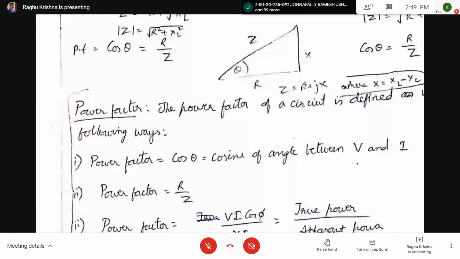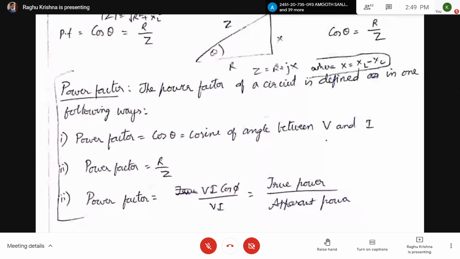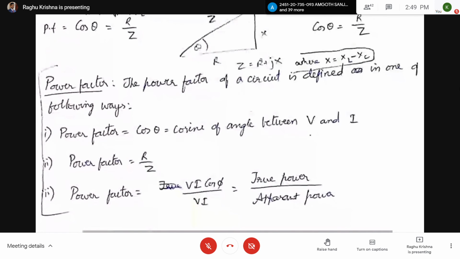Next, power factor. You have three definitions for the power factor. The power factor of a circuit is defined as one of the following. First one is power factor equals cos theta. That means cosine of the angle between V and I. Just now we have seen the angle between V and I is theta. So power factor is taken as the cosine of the angle between V and I in the phasor diagram.